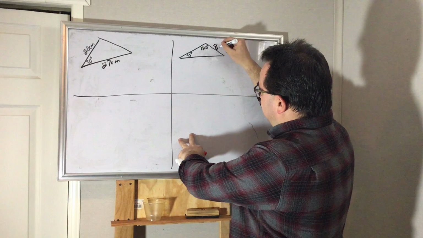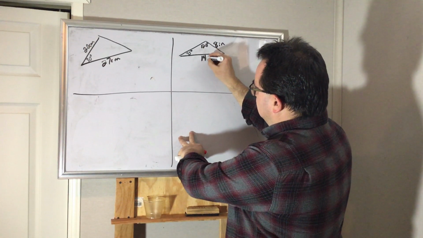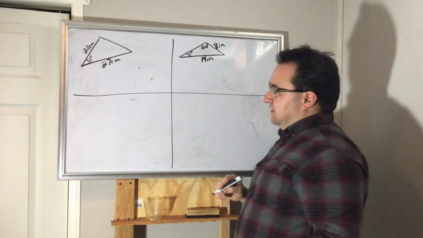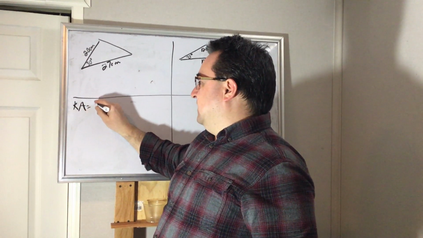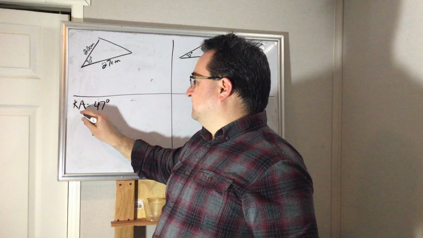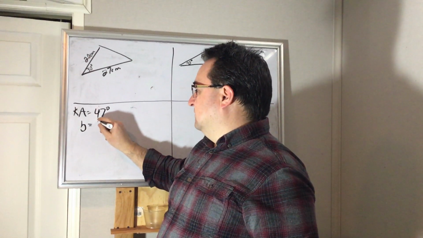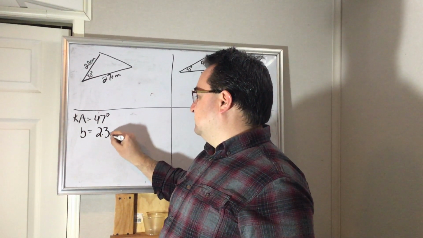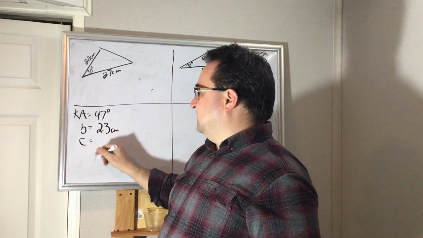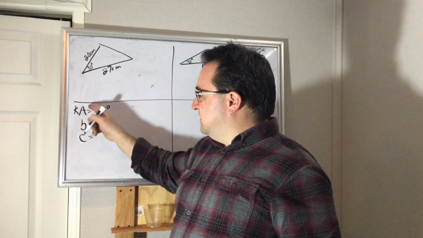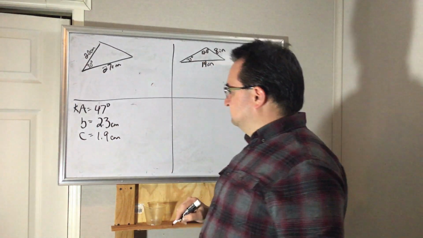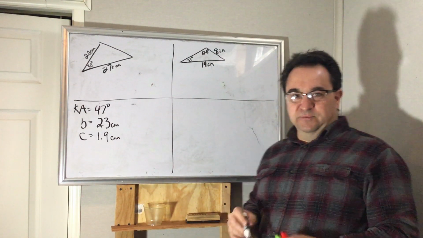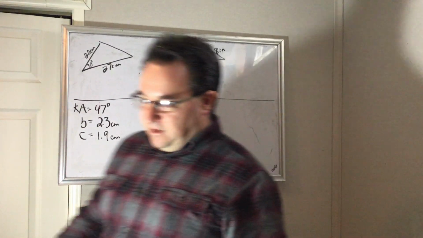And this is 8 inches, and this is 14 inches. And then let's do one where I say angle A is 47 degrees, side B is 2.3 centimeters, side C, notice how I'm using all 3 letters, A, B, C, is 1.9 centimeters. And I think that'll be good. This will be plenty. Getting my calculator.